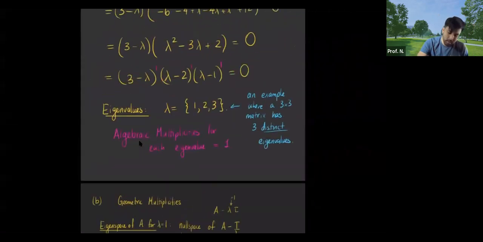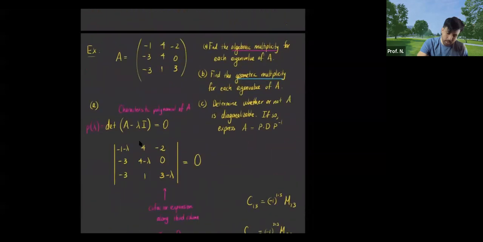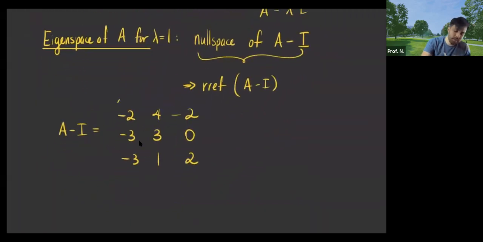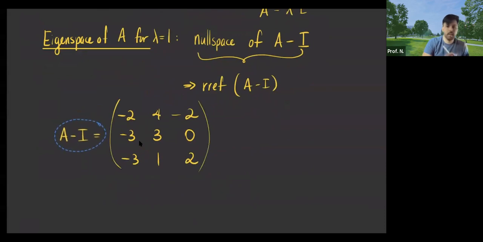Right? Let me just make sure I have written it up here right. Okay, so now this is the matrix A minus lambda I, A minus I, and I want to find the null space of this. That is why I must find the row reduced echelon form of this, because from that information I can find what the null space looks like.